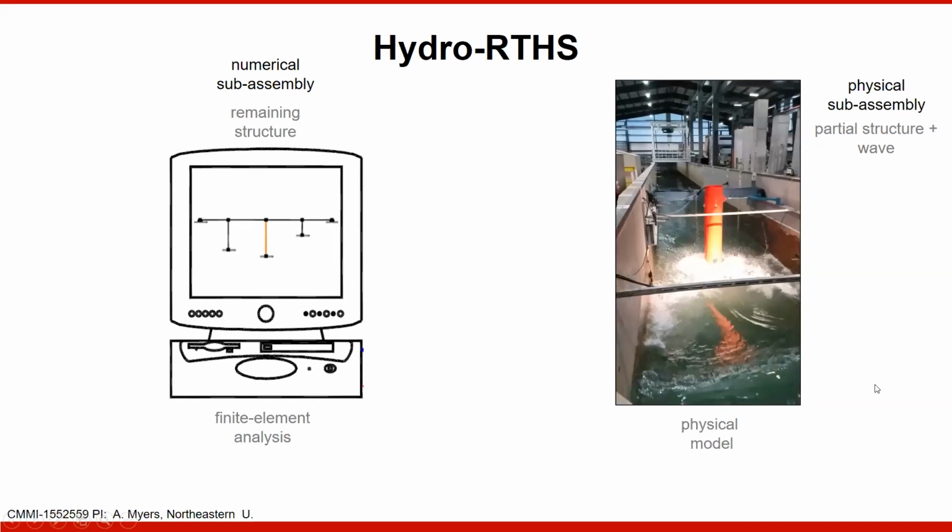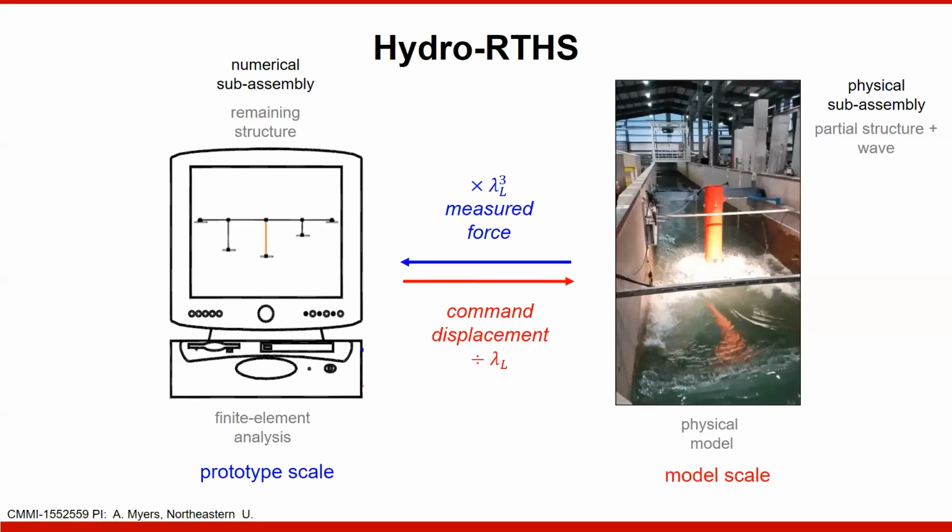I mentioned we can partition this across prototype and model scale, so full scale in our numerical model and small scale in our physical model to fit it into our flume. In this case, I'm using Froude scaling. We can scale down the displacements or scale up the forces so there's compatibility between the full-scale and small-scale models. In addition to those scale factors, when you scale from full scale to small scale, there's also scaling of time.